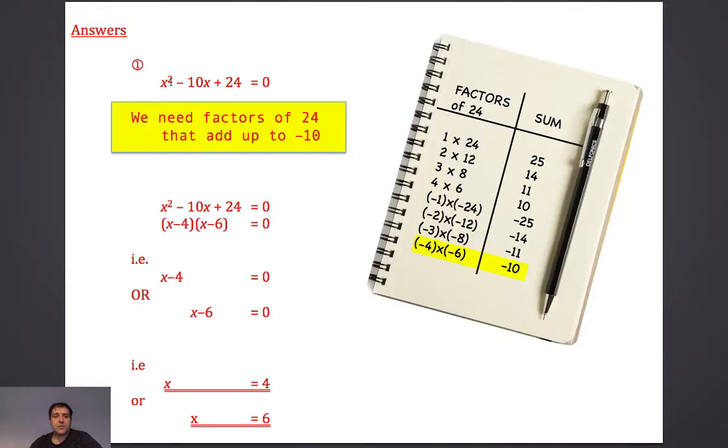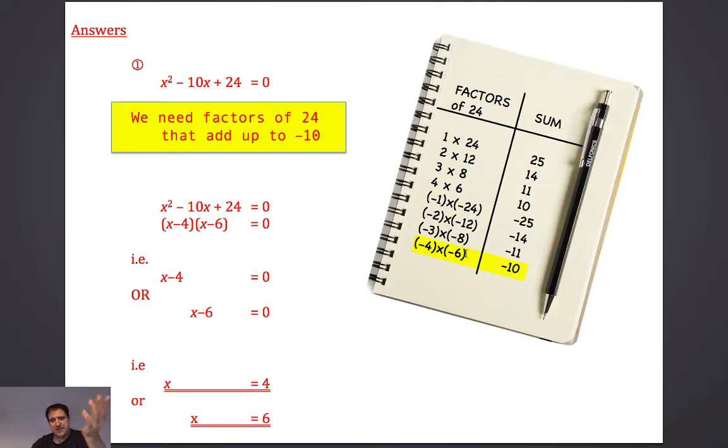Okay, so answer 1, x squared minus 10x plus 24 equals 0. So you're looking for factors of 24 that add up to minus 10 in order to factorize that. So I did a comprehensive list of them. 1 times 24, 2 times 12, 3 times 8, 4 times 6, but then also minus 1 times minus 24, minus 2 times minus 12, minus 3 times minus 8, minus 4 times minus 6.